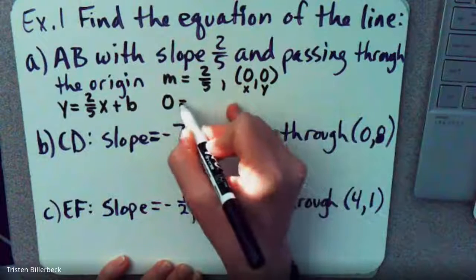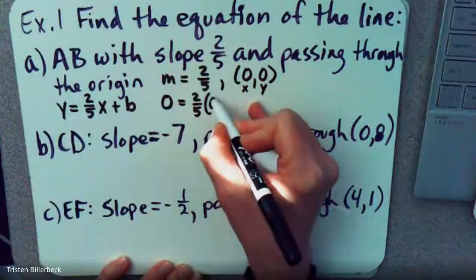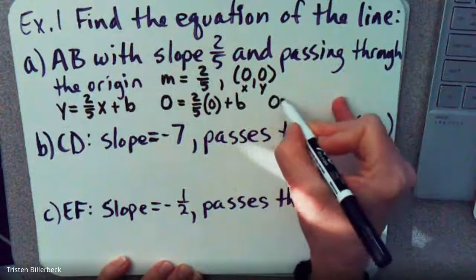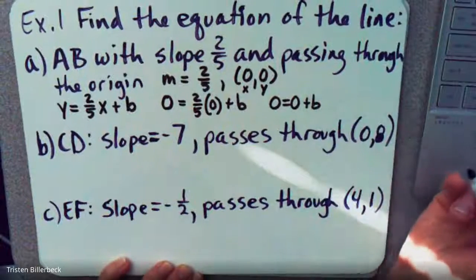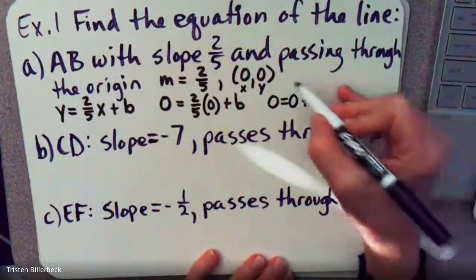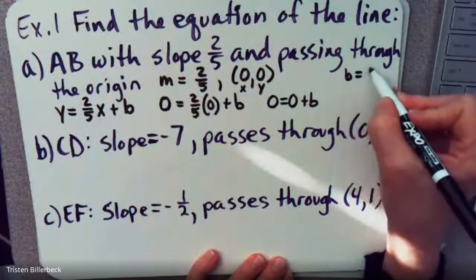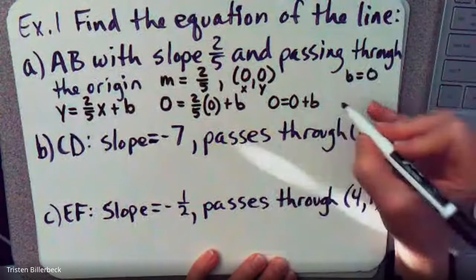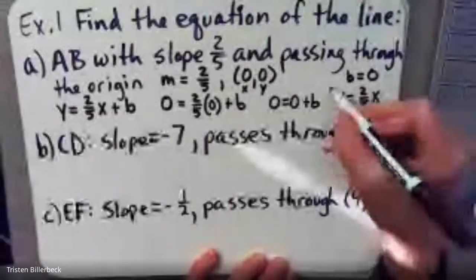So y is 0 at 2/5, and x is 0 plus b. So we have 0 equals 0 plus b, so b has to be 0, okay? So b is 0. That means that our equation is then going to be y equals 2/5 x.